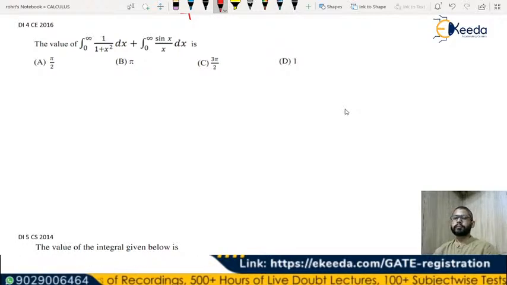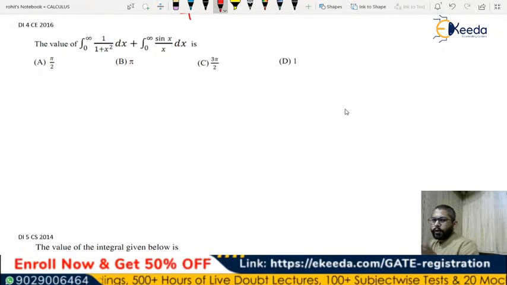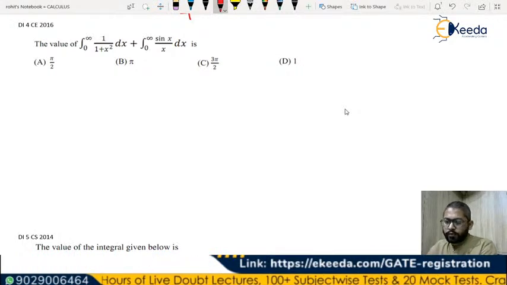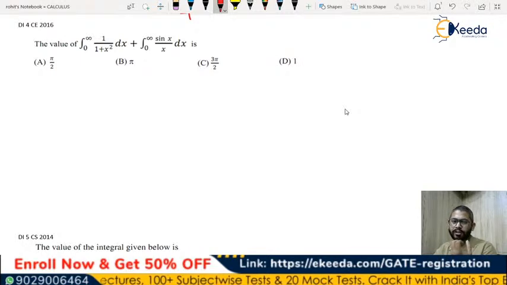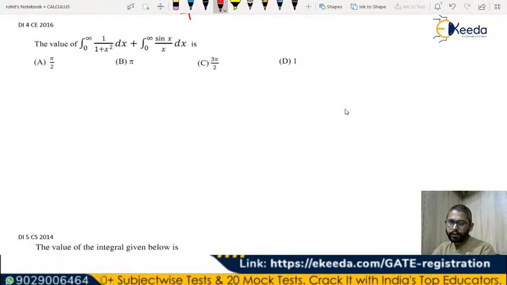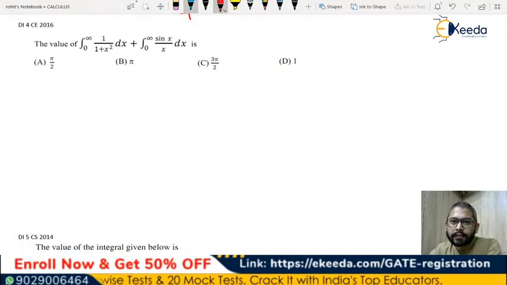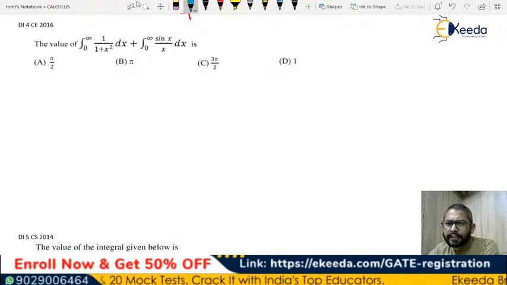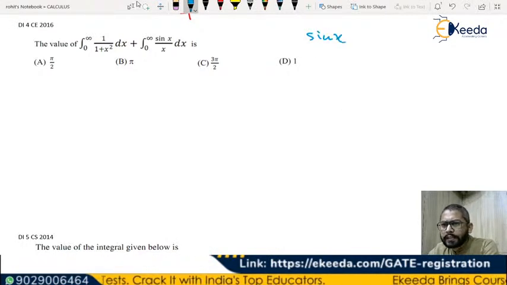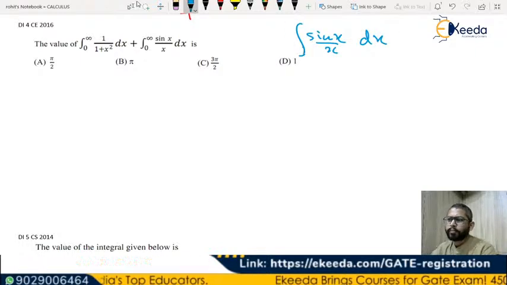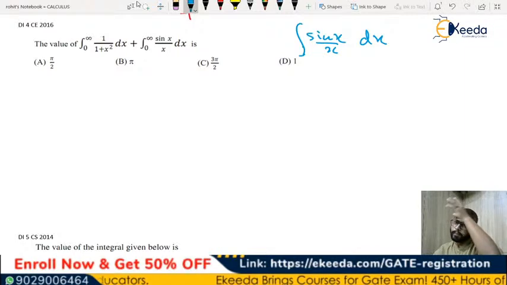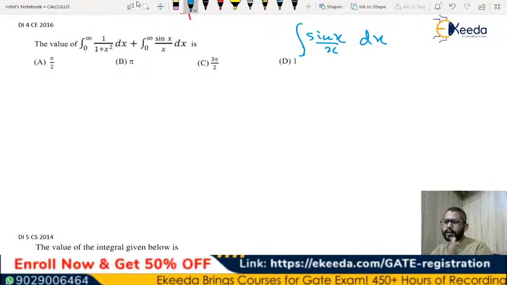Okay, this is a 1 mark question. So obviously we don't have to spend so much time here, and we'll put some of the results here, conclusions here, and I'm telling you what it is. First thing is, the integration of sin x by x is not possible just like that, using the common methods like substitution or by parts or some trigonometric manipulations.